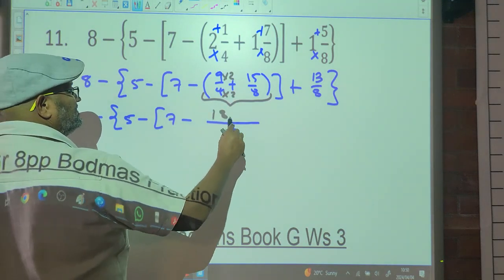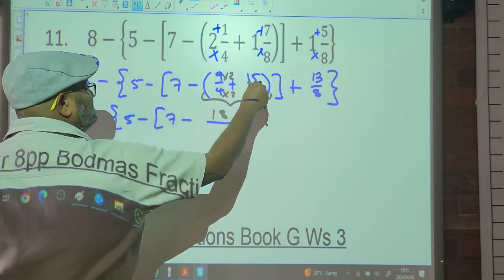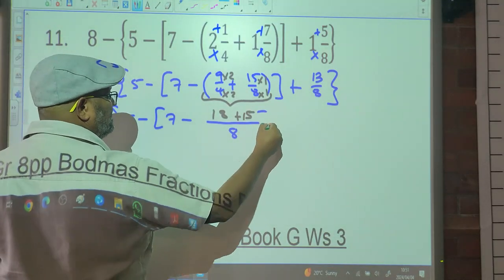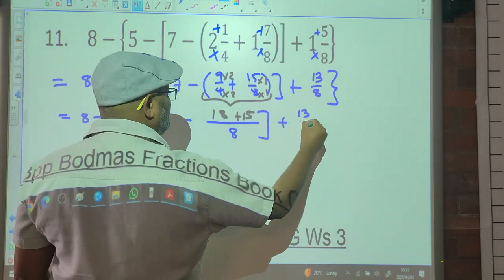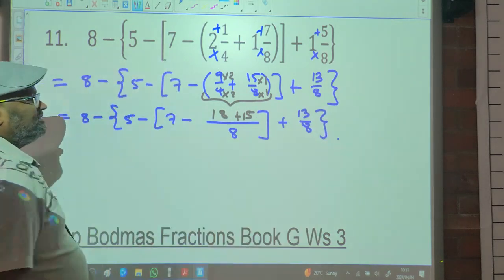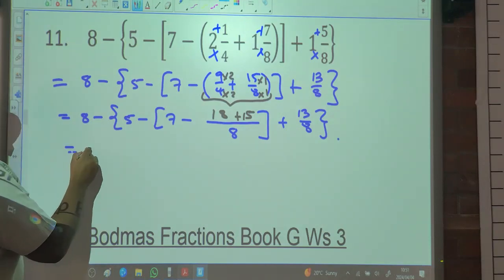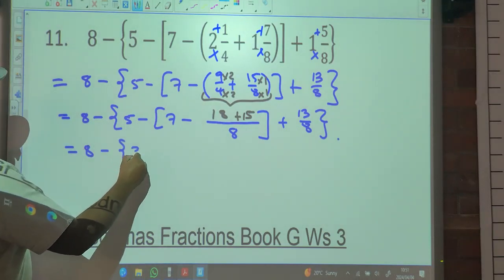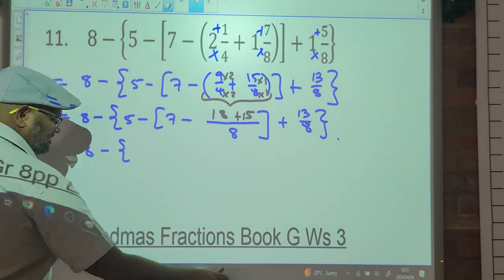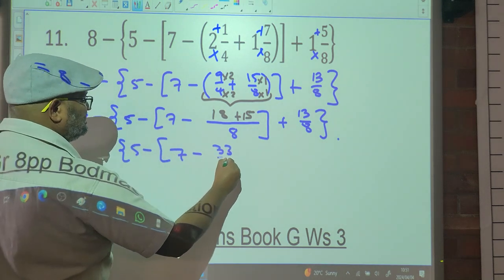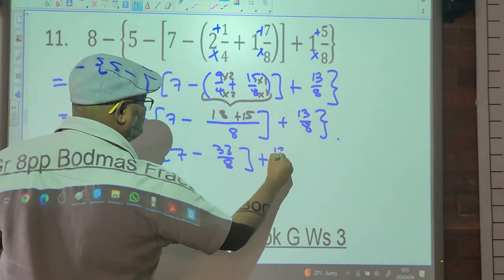Multiply by 1 gives you 15. You all agree with that? Now you see that block bracket remains there, plus 13 over 8. So 15 plus 18 is 33. 33 over 8 plus 13 over 8.